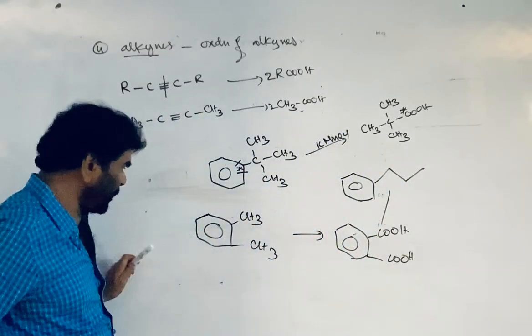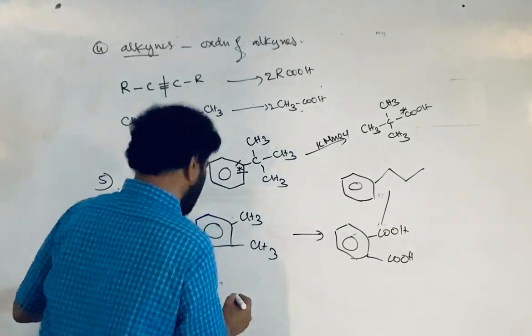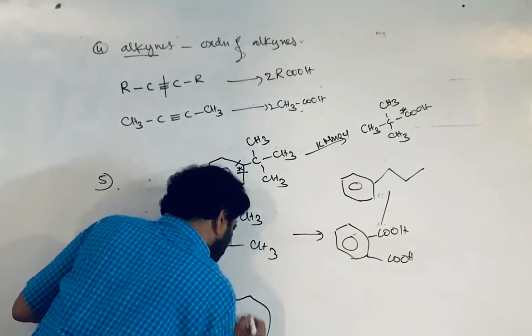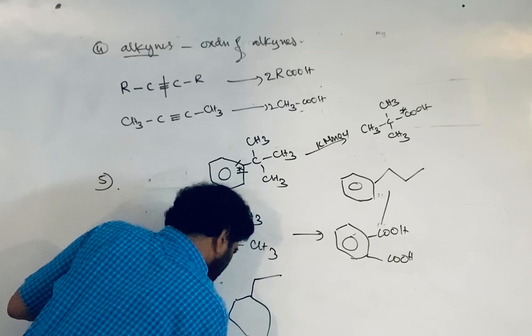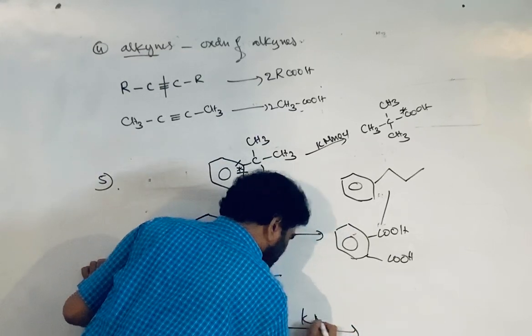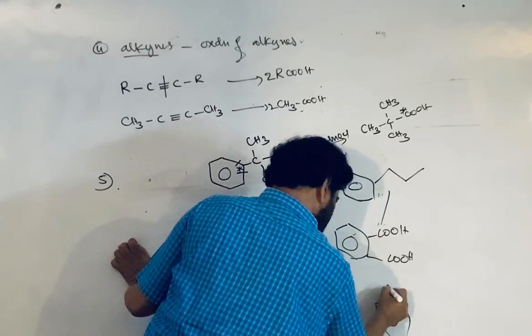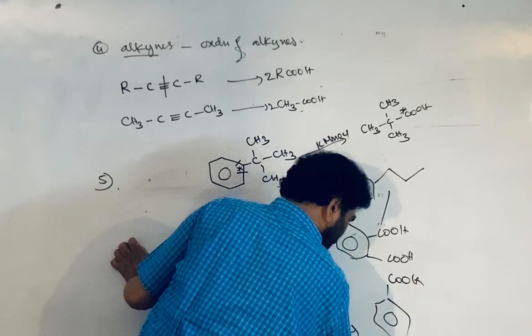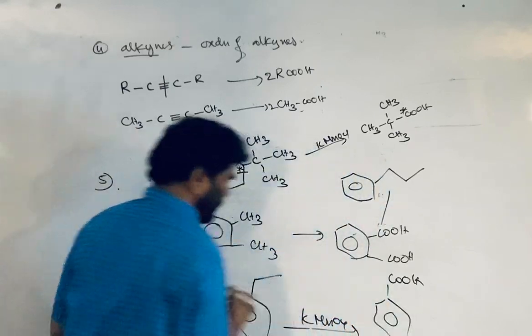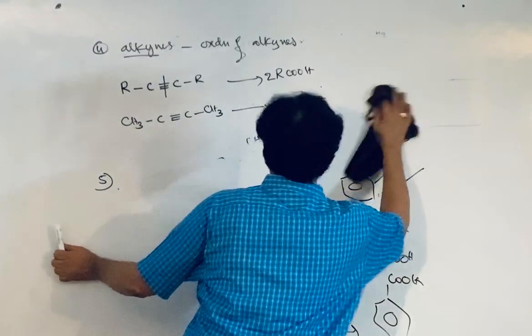Any number of alkyl groups can be there. Here it can be an ethyl group. Here it can be an isopropyl group. On treatment with hot and concentrated KMnO4, this is converted into COOH, and this is converted into the COOH as well. So an alkyl group can be converted to COOH.